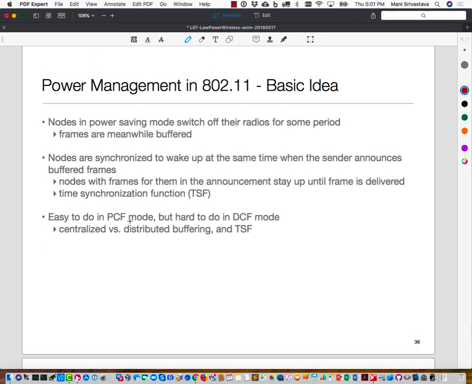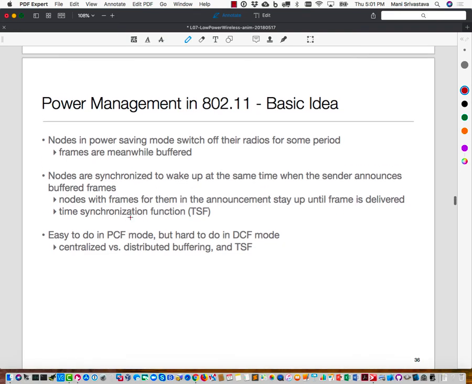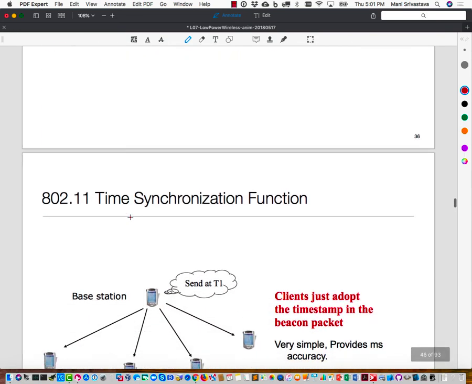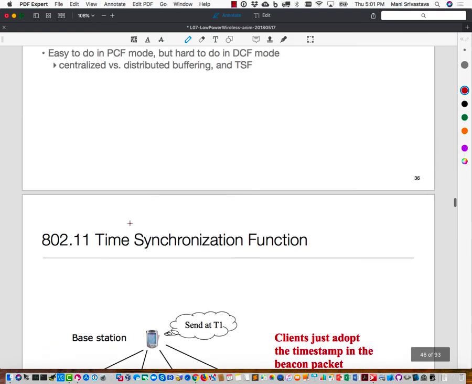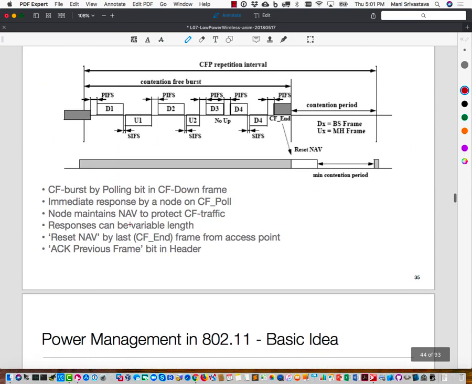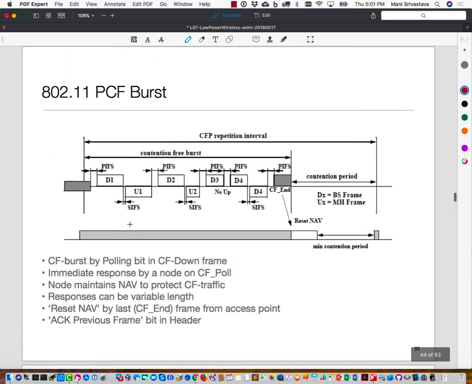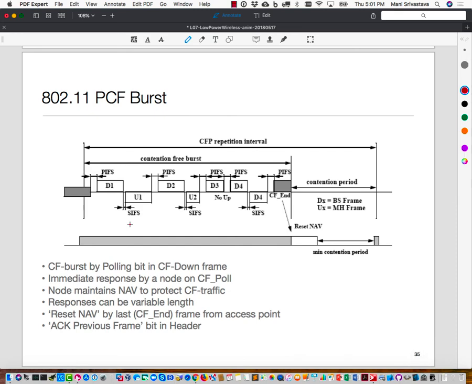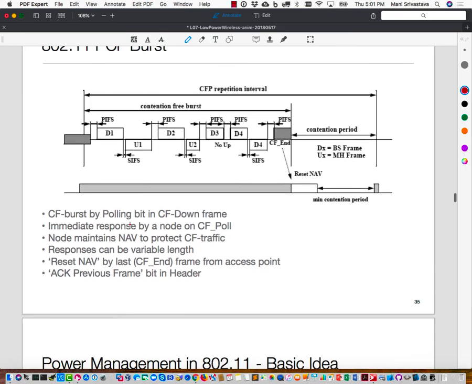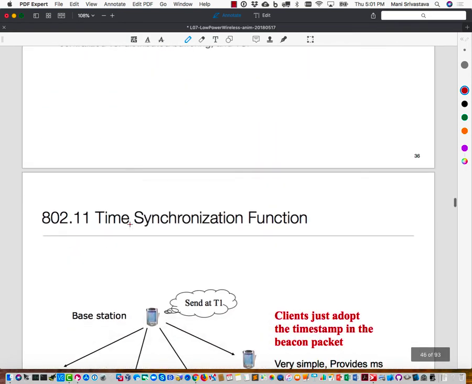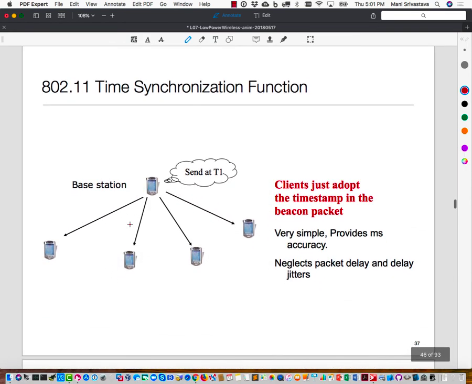Having said all of this, it's pretty clumsy. It's nowhere near as clean as BLE and all, because this is still a system fundamentally designed for higher rate approaches, but that's the basic idea. And to make all of this happen, as you can imagine, we need time synchronization, because again, we are telling the nodes they have to wake up at this fixed time. So somehow the nodes need to know the time, and in 802.11 that is done using a time synchronization mechanism.